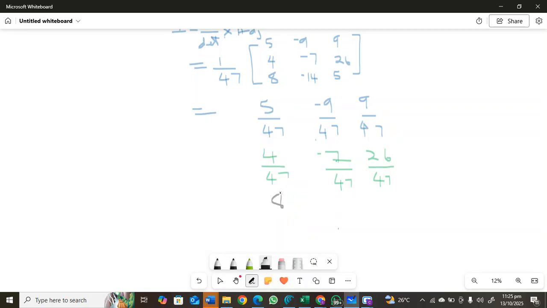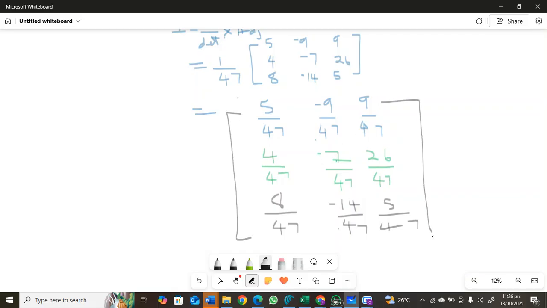Here we have 8 over 47, negative 14 over 47, 5 over 47. And that's your inverse matrix.